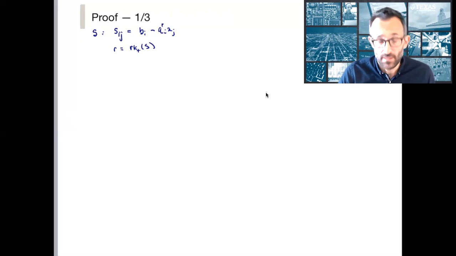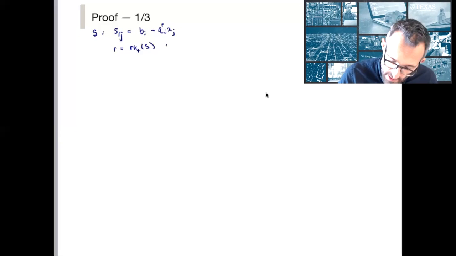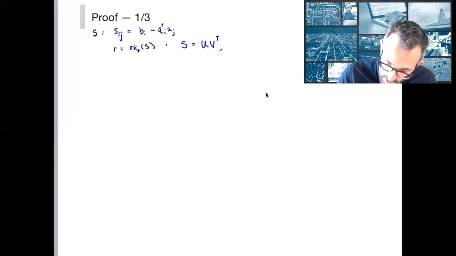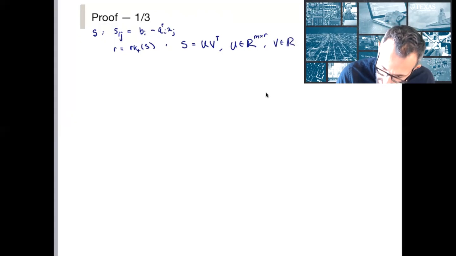That means that I can write S, just as in the definition, as S equal to U V transpose, where U is an element of R to the M by R, and V is an element of R to the V by R. Of course, these are non-negative.